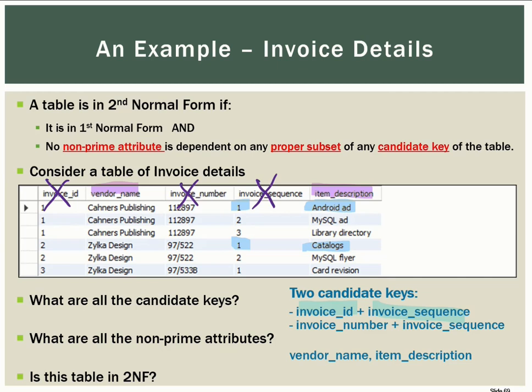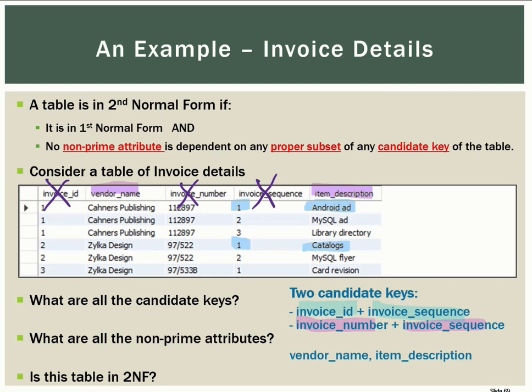It looks to me like I need both the invoice ID and the invoice sequence to identify the item description. I could also use the invoice number in place of the invoice ID, but it's the same principle. If I have the invoice number and the invoice sequence, then that's what determines the item description.